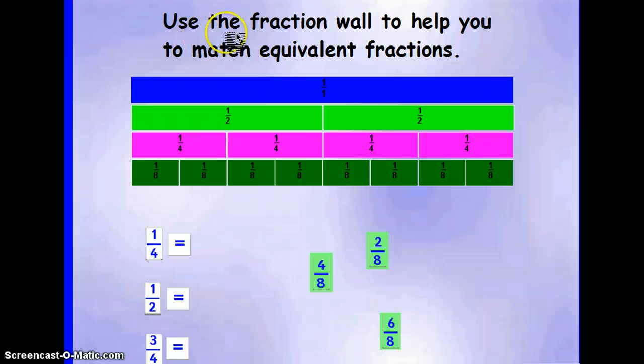Now let's use the fraction wall. We're going to use this fraction wall again to help you match equivalent fractions. Okay, so pause the video right now, and I want you to try and determine yourself 1/4 equals how many eighths.